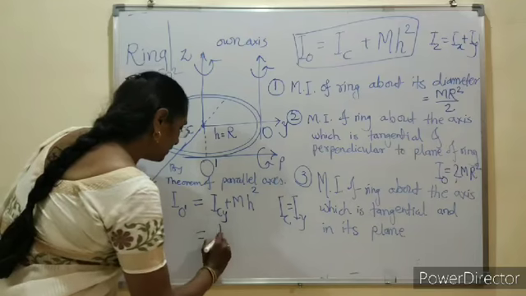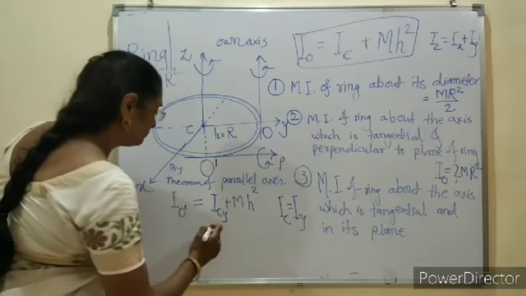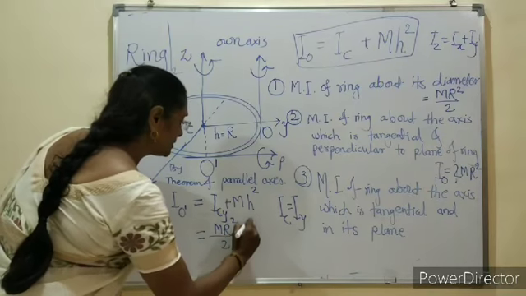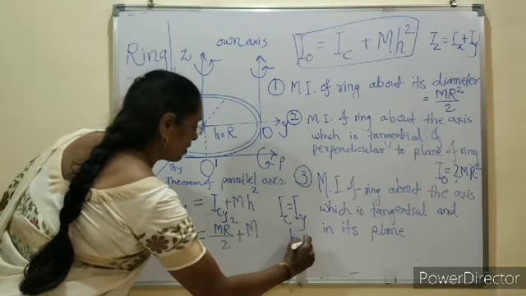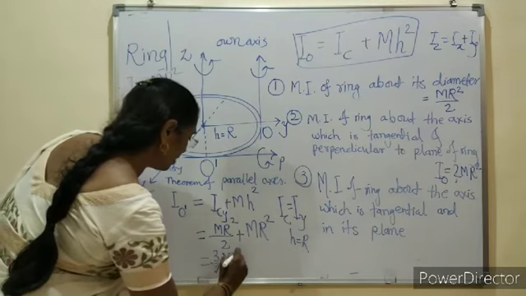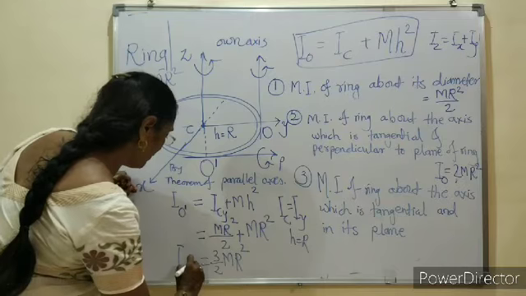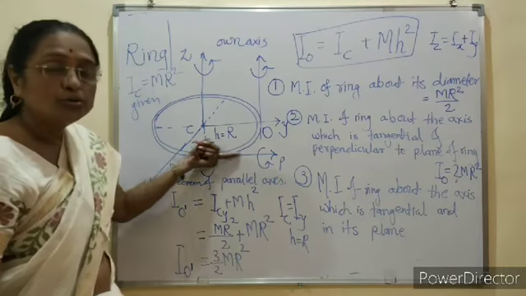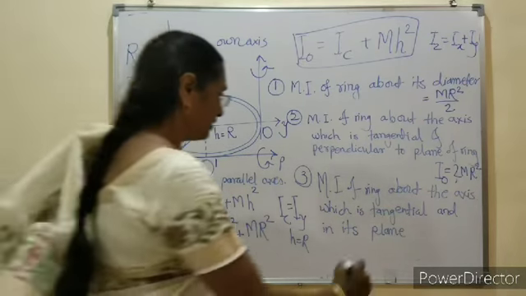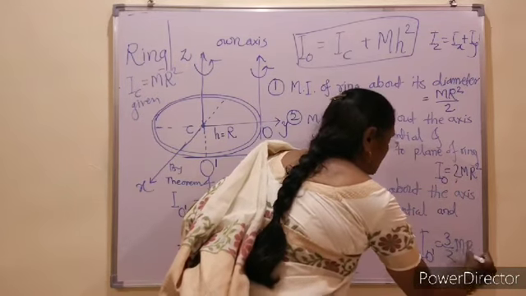So IY plus MH square. IY we substitute as MR square by 2 plus MH square. Here again H is equal to R, and we get 3 by 2 MR square as the moment of inertia of a ring about the tangent in the plane of ring. So IO dash is equal to 3 by 2 MR square.